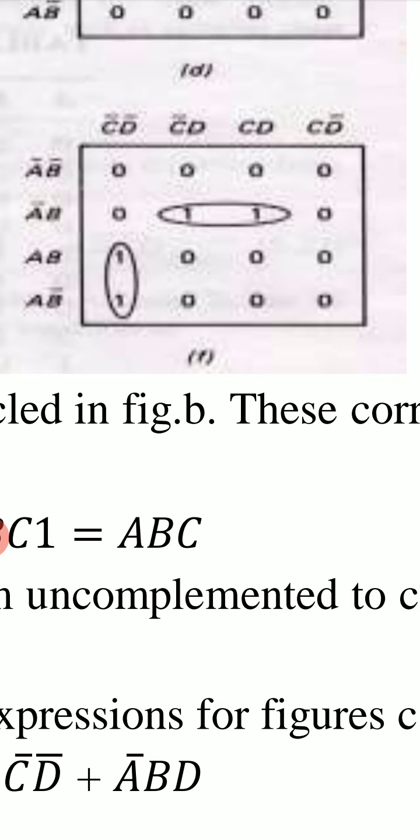For the next pair similarly we get A bar B D. From C bar D and CD we take D and ignore C bar and C because C bar changed to C. So for this Karnaugh map we get output y equal to A C bar D bar plus A bar B D by simply looking at this Karnaugh map.